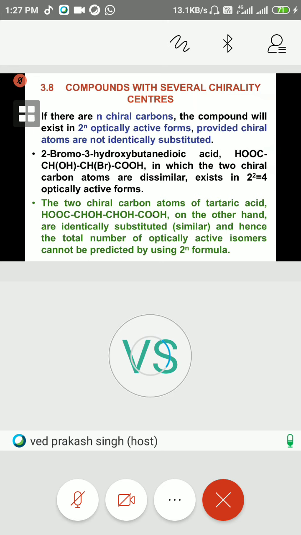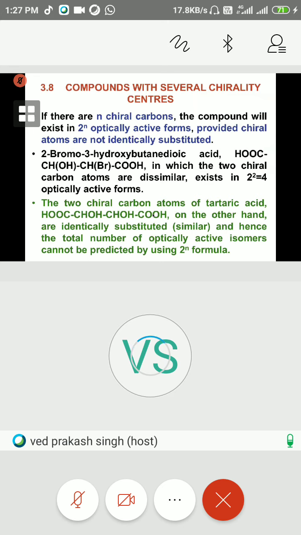What is the relationship between 1 and 3? And what is the relation between 1 and 4? All are optically active, but are not mirror images. Such stereoisomers are referred to as diastereomers. Meaning first and second are enantiomers, but first and third, first and fourth, these are diastereomers.